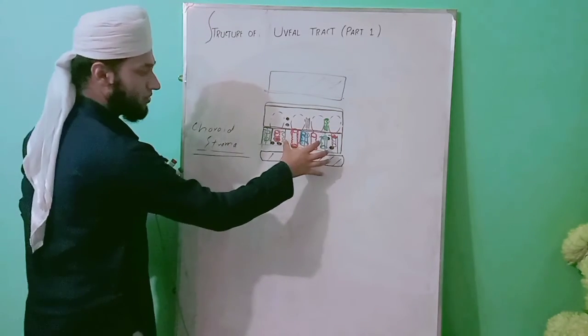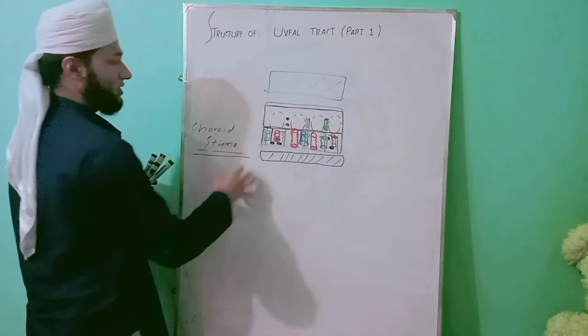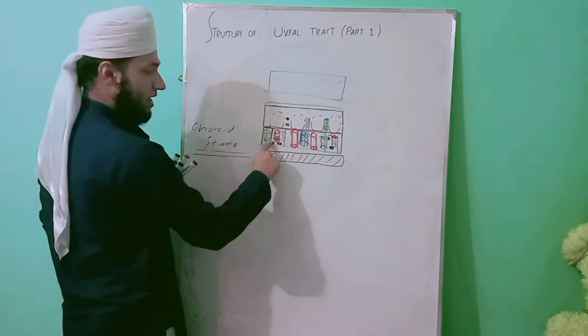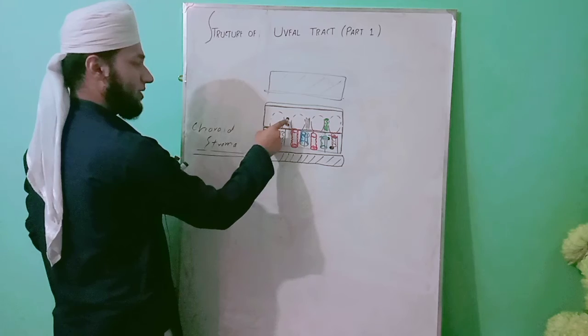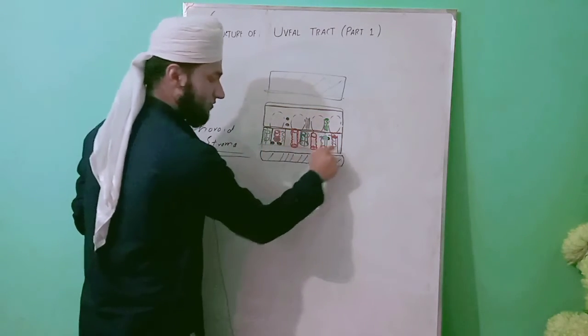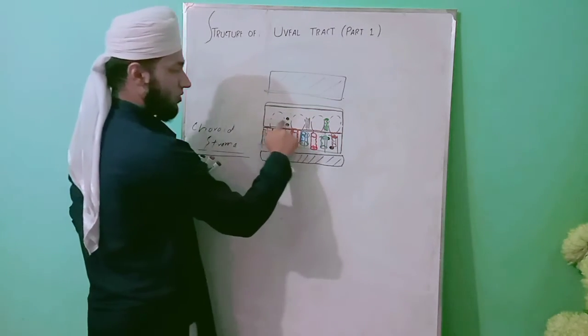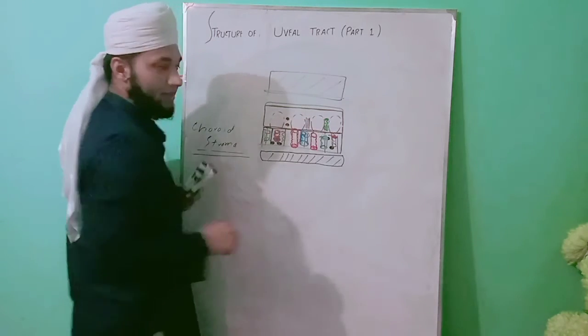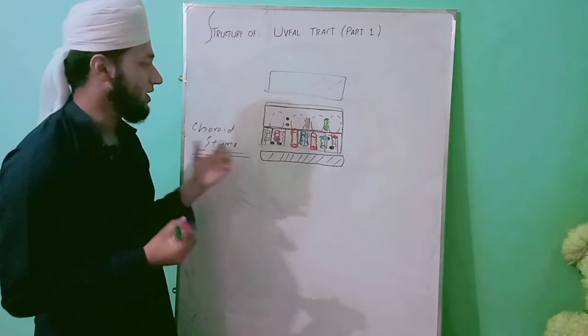The same composition which was here is also present here. Here fibroblasts were present, here fibroblasts are also present. Here melanocytes were present, here melanocytes are also present. Here choroidal arteries and veins were present, but here they are replaced by a network of fenestrated capillaries which are of unusually large size.